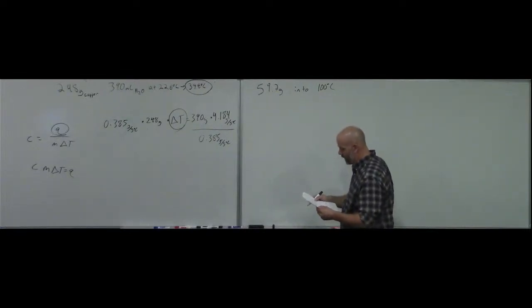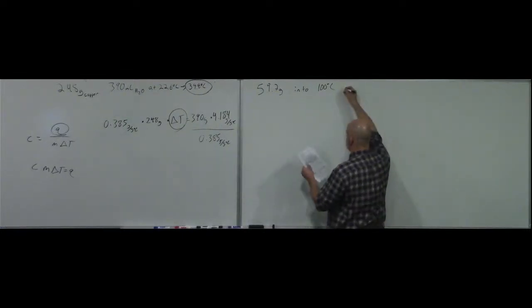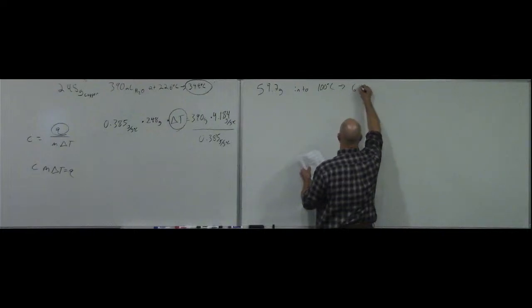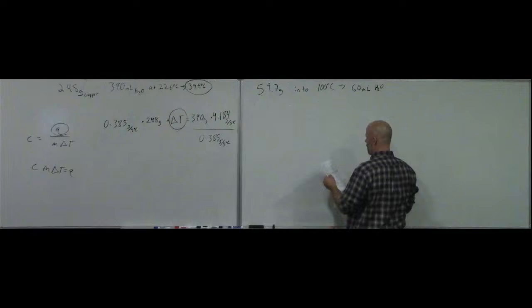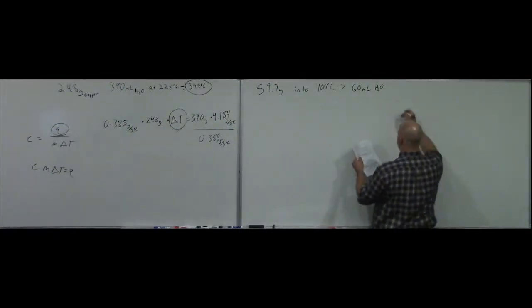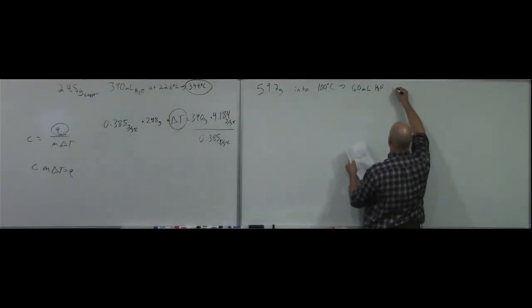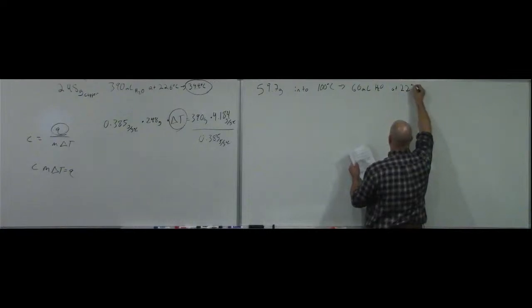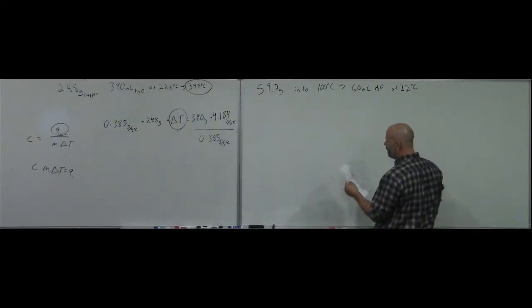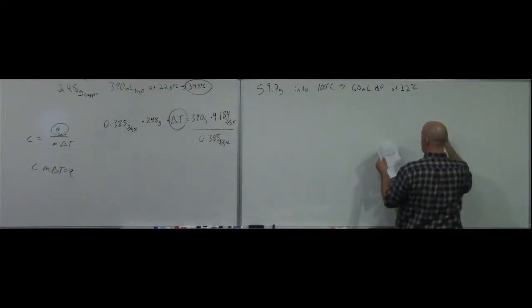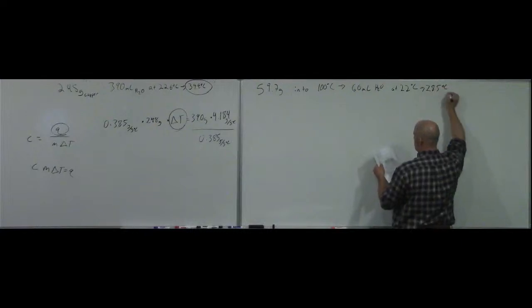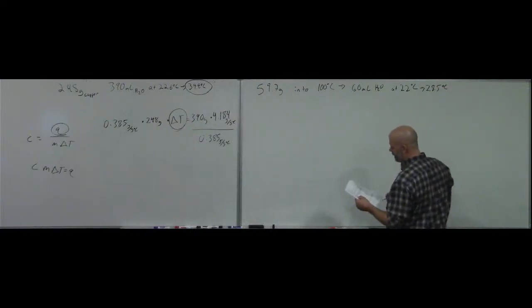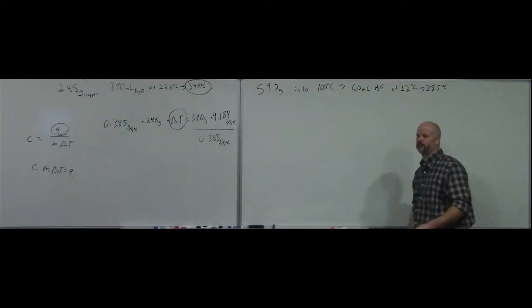Is quickly transferred into 60 milliliters of water. Initially at 22 degrees centigrade. The final temperature is 28.5 degrees centigrade. Use these data to determine the specific heat of the metal.